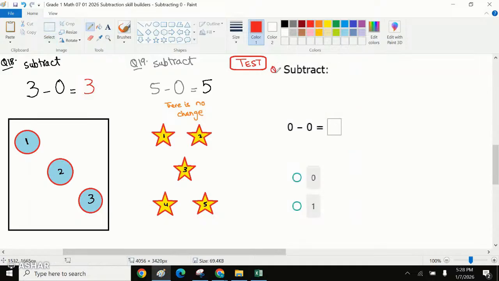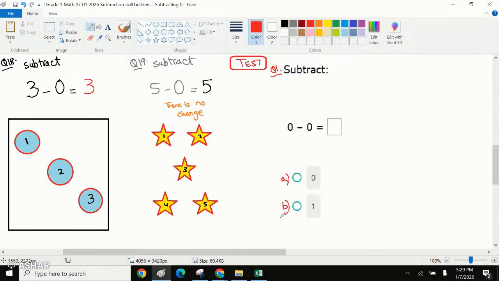Question number 1 from the test says 0 minus 0 can be option A or option B. What is 0 minus 0? Let's suppose right now you do not have an ice cream. If you do not have an ice cream, you cannot give away an ice cream.